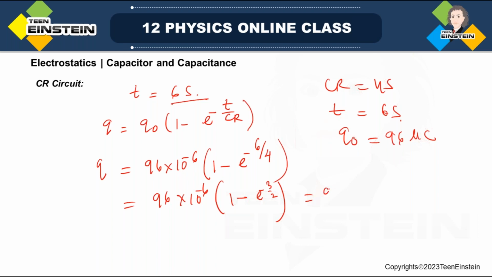We can also write this as 1 over e to the power 3 by 2.